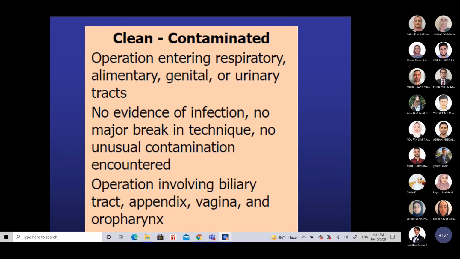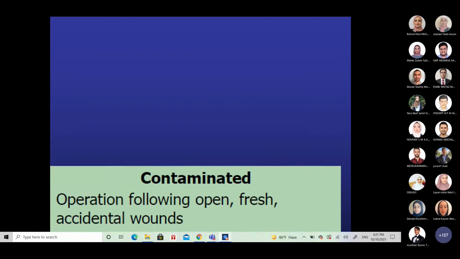An example is someone doing an elective laparoscopic cholecystectomy. This is called clean contaminated. You entered the hollow viscus, which is the gallbladder, and we ligate the cystic duct. In this case, the risk of infection is slightly increased, so we give prophylactic antibiotics.